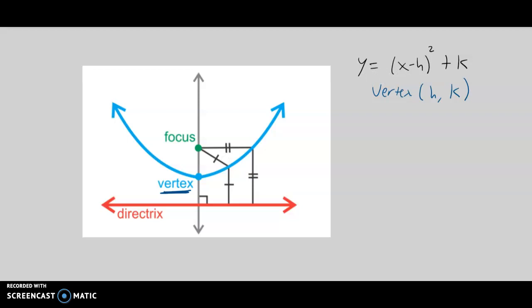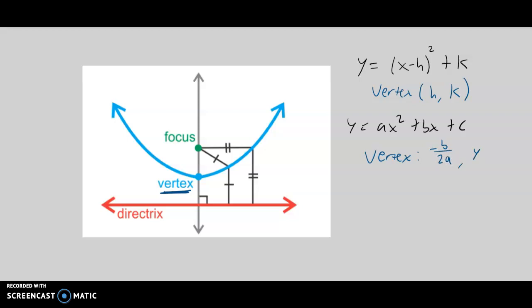If you're not given the vertex form, if you're given a parabola just in standard form, something like ax squared plus bx plus c, you also learned in that video, and probably in a previous math class, how to find the vertex. You can find it using the equation negative b over 2a. That would be the x coordinate of your vertex, and then your y coordinate would be whatever the y coordinate is when you plug in this x value.